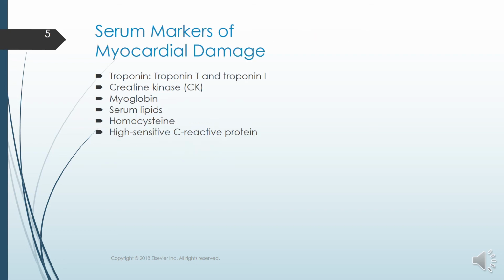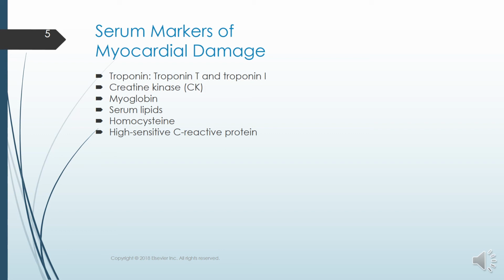Let's talk about blood work and what we can associate with myocardial damage. Okay? There are some enzymes and some proteins that we can measure when a patient's having an acute myocardial infarction, which is also known as acute coronary syndrome. And the first one is troponin.